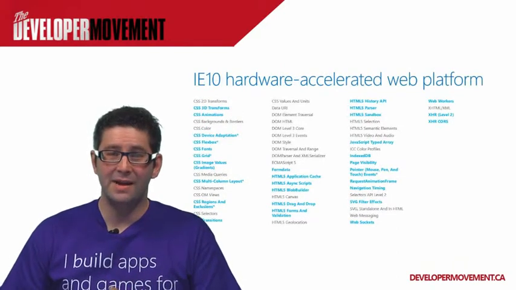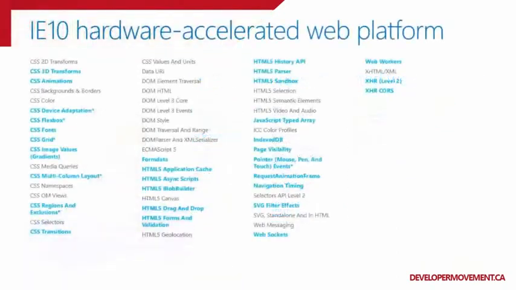There's a lot on this slide, and we're frankly not going to go through any of the specifics of it, but you can see right now that the hardware accelerated platform that we have for IE10 is very rich, and this is just some of it right here. The ones that are bolded are the ones that have either been updated or added new to IE10 for web standards browsing. So, for example, IndexedDB was available in IE9.